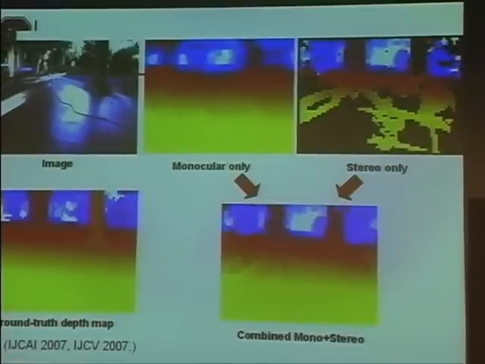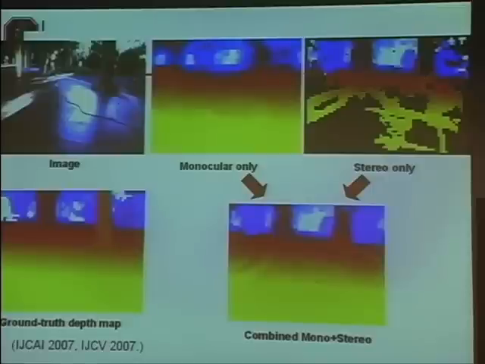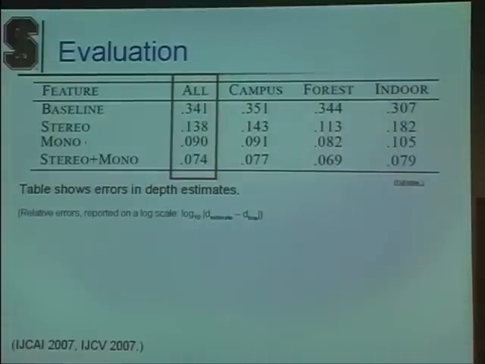This turns out to be more accurate than either one of these. Here are some numbers for this. So the baseline error was 0.31 on a standard stereo data set, and the monocular algorithm gave 0.09. And the stereo plus monocular algorithm gave better results than either one of those.